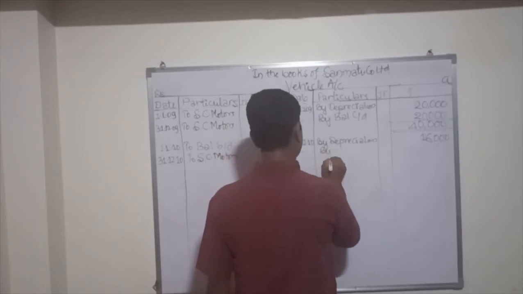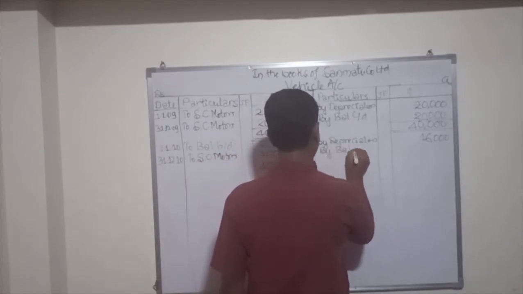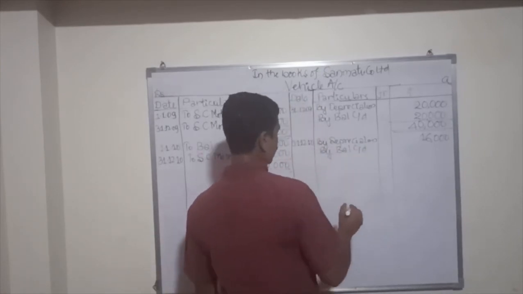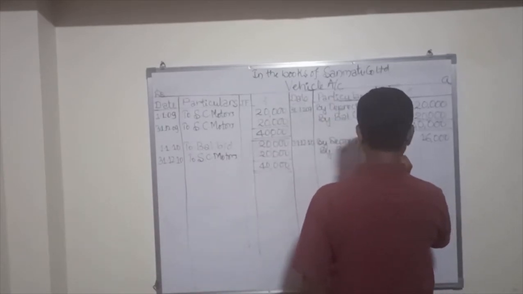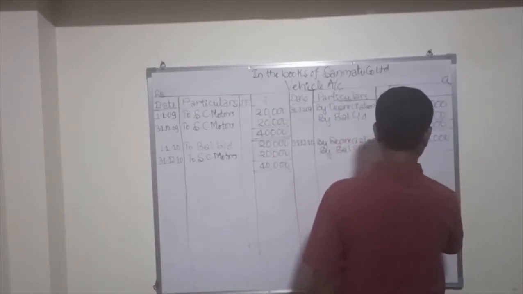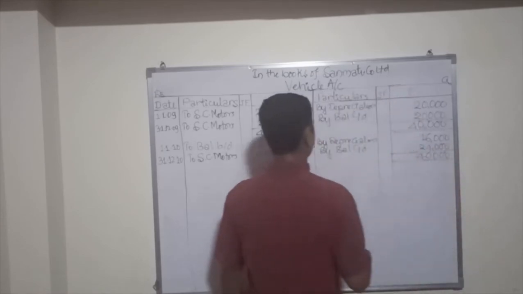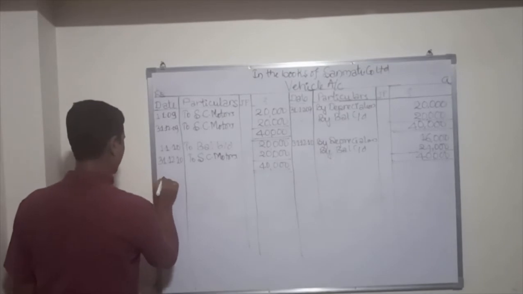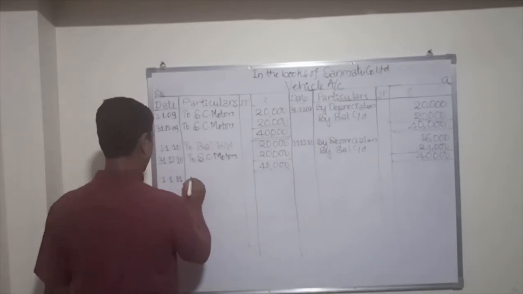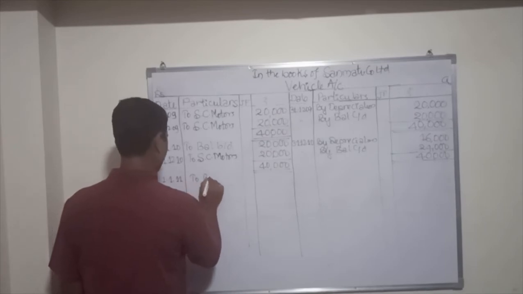Let's do the balancing here, by balance carry down, 40,000. When you take the difference here, it will be 24,000. This is brought down on 1/1/2011, to balance brought down.